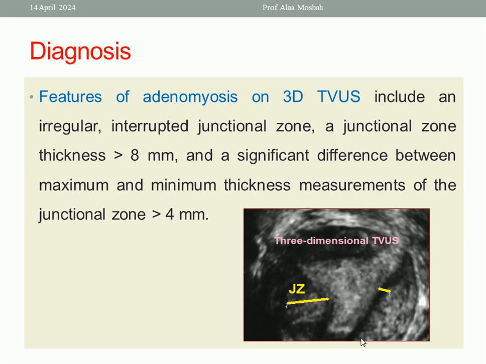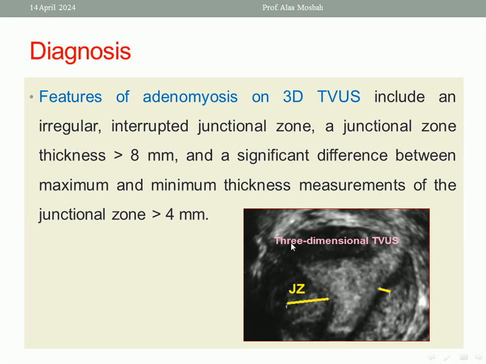So the difference between the maximum junctional zone in a certain area and the minimum thickness measurement of the junctional zone is more than 4 millimeters.